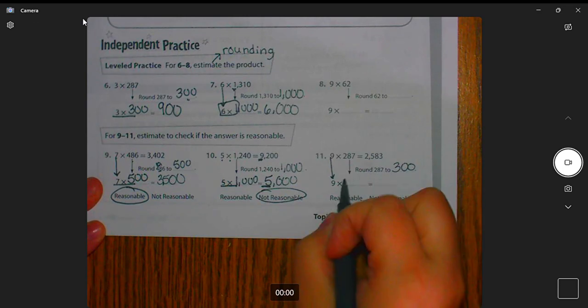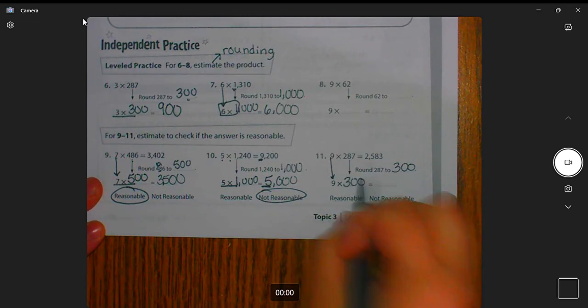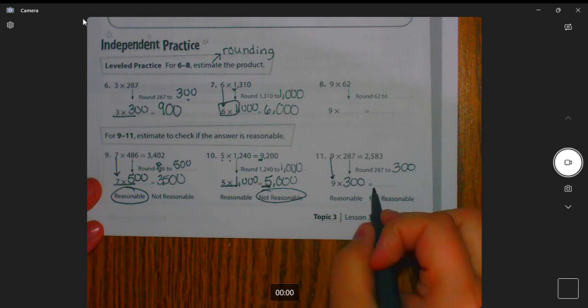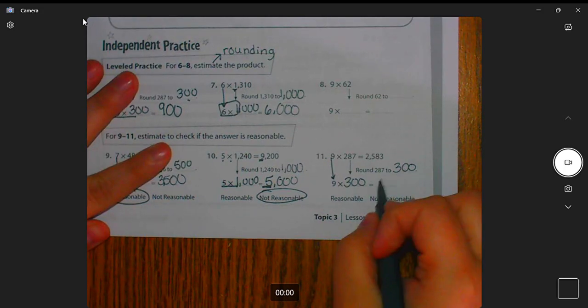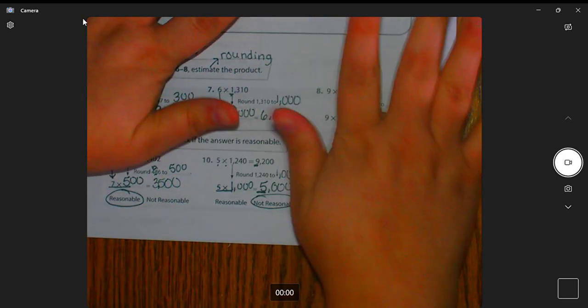So again, bring your multi-digit factor down. What's my basic fact? You tell me. Right, 9 times 3. That gives me, I'm going to do the nines trick. 1, 2, 3.